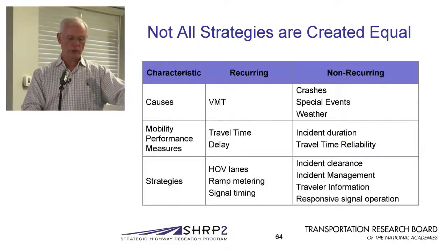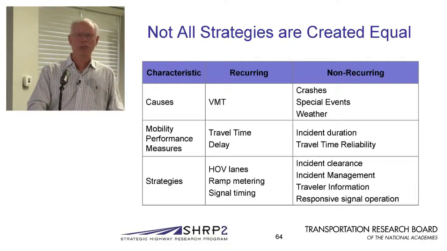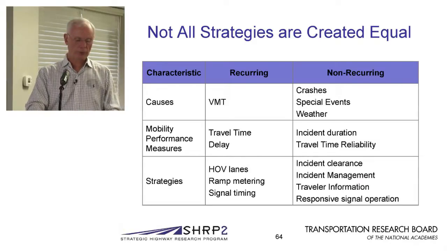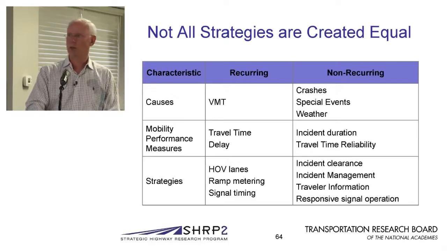This is a chart that at least at a fairly simplistic level begins to think about that. So again, you'll see the two columns deal with recurring and non-recurring situations. The recurring deals with issues essentially where you have demand that your capacity can't handle.